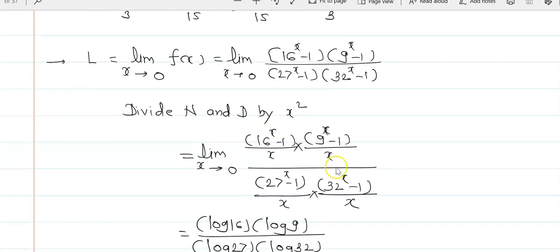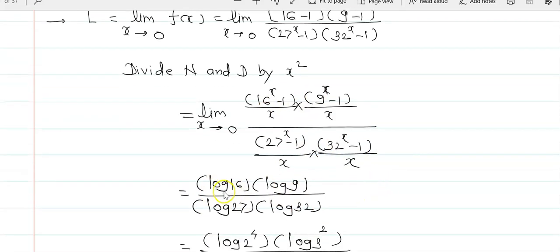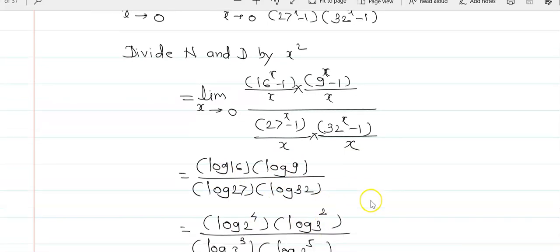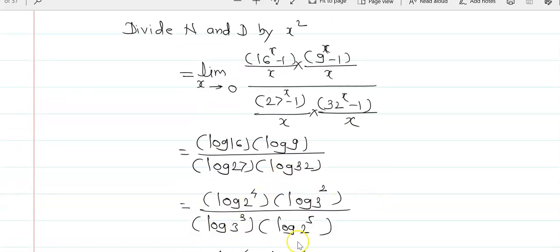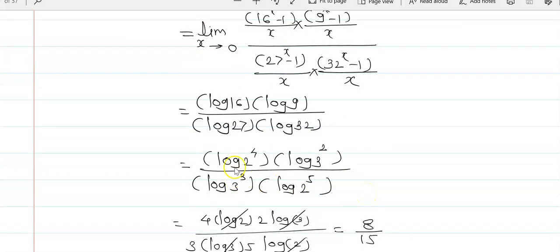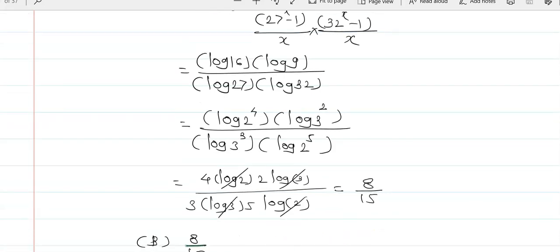The limit of this is log of 16, log of 9, upon log of 27, log of 32, and log of 16 can be written as 2 raised to 4, log of 3 raised to 2, log of 3 raised to 3, log of 2 raised to 5. By using the properties of log, that is 4 log of 2 into 2 log of 3 upon 3 log of 3 into 5 log of 2, and you will get 8 upon 15, and hence option B is the correct one.